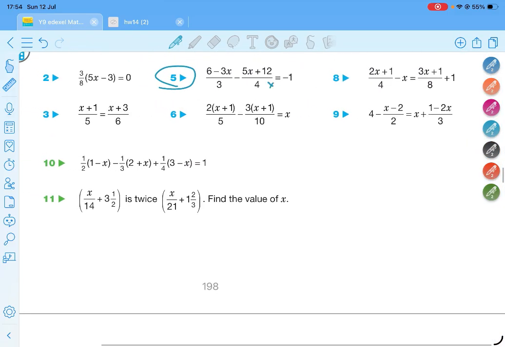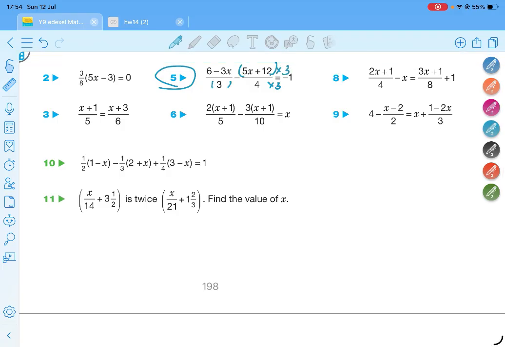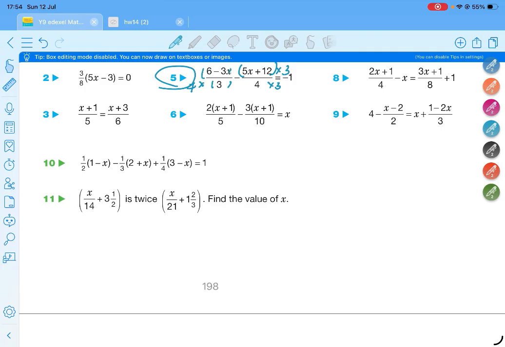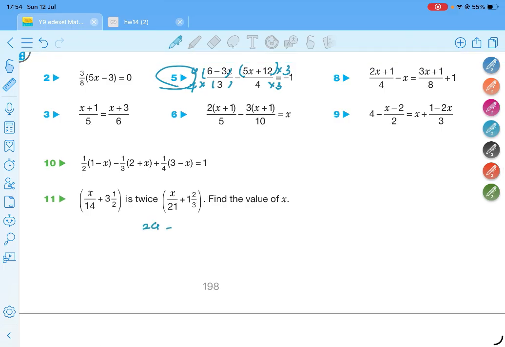Right, here we need to use brackets. Now I can simplify 4 times 6, 24. 4 times 3, 12x over 12 minus 15x plus 36 over 12. Now you can simplify this, no?